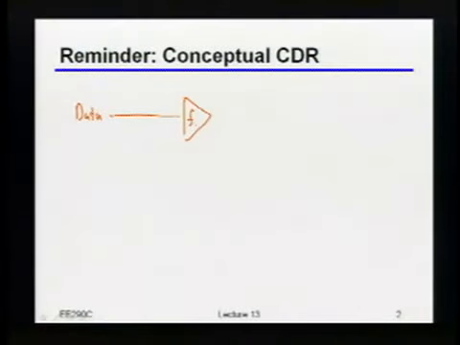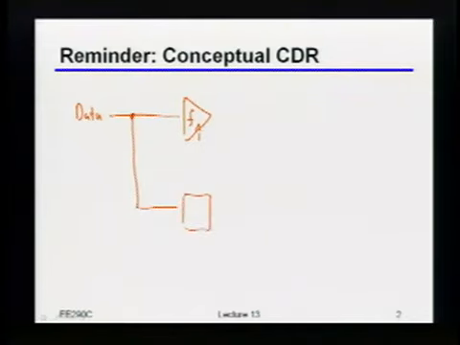Okay? Just as a reminder, since it's been a little while since we talked about these things, conceptually what a CDR is doing is basically the following. We're taking our incoming data. Of course, we're going to be making some sort of decisions about that data. But at the same time, what we're going to be doing with a CDR is essentially some sort of phase detection.